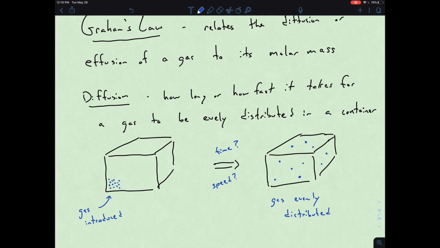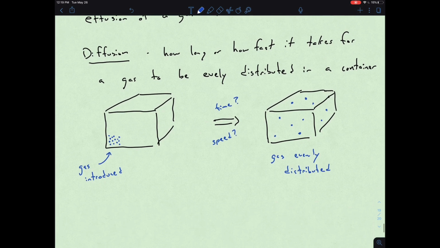And so that relates time or speed, and that's diffusion.